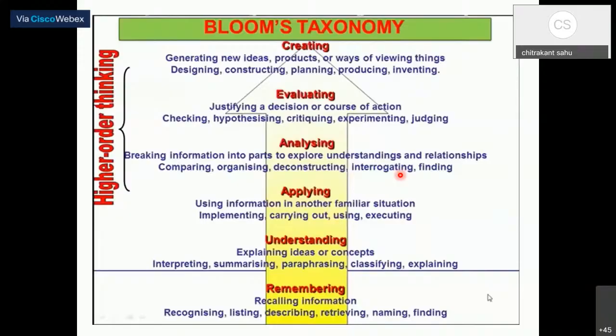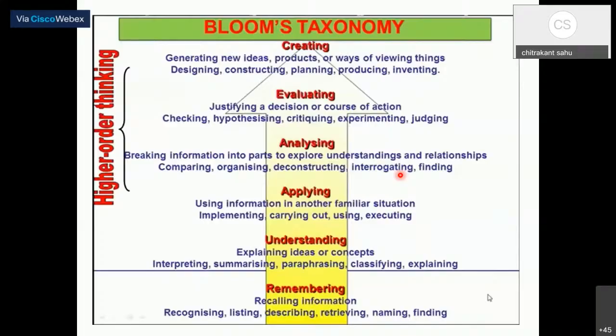All those things come under evaluating. And then the last point is called creating. Creating means that a student, after doing some exercises in the practicals, comes up with a new design, a new circuitry, where they apply their own knowledge. That is called the creating stage.